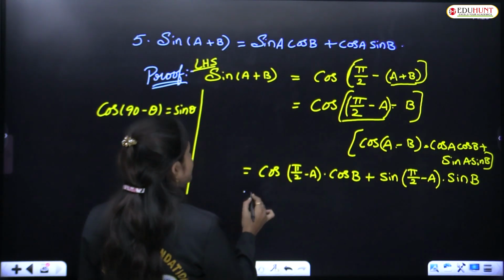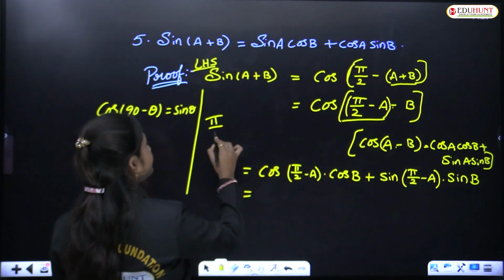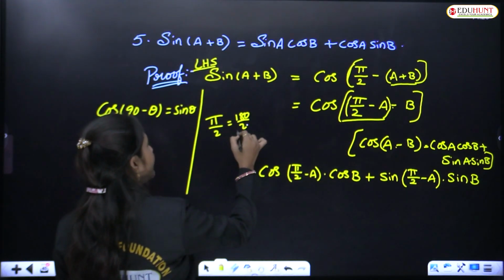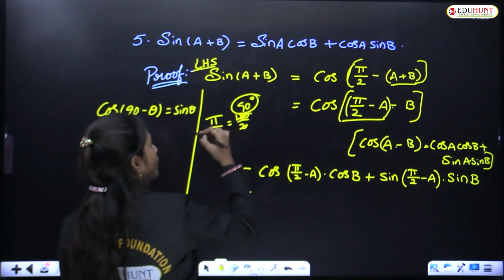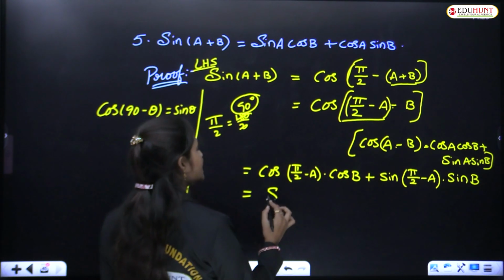So that's why here cos of pi by 2 minus A, pi by 2 means here 180 by 2, 90 degrees only, no? Okay, so cos of 90 minus theta is nothing but sin theta.